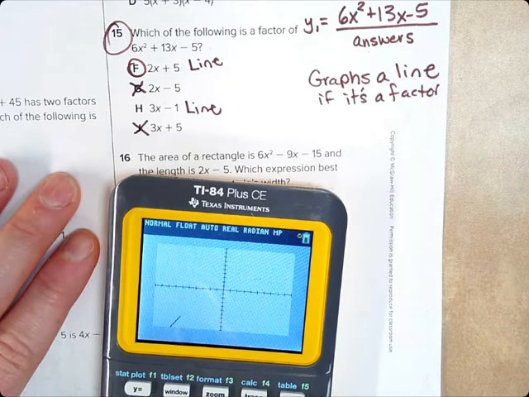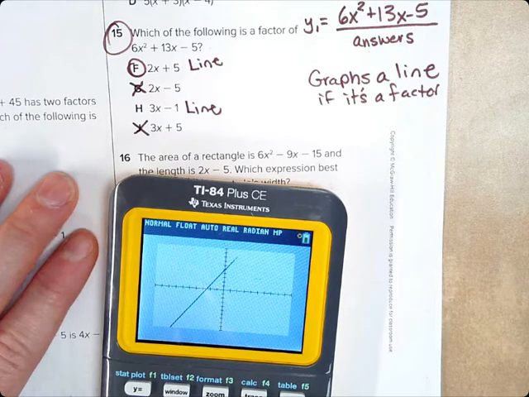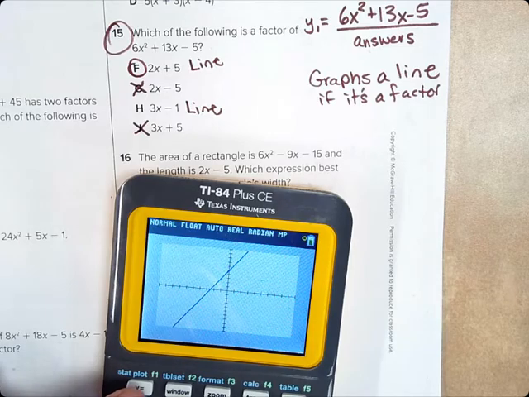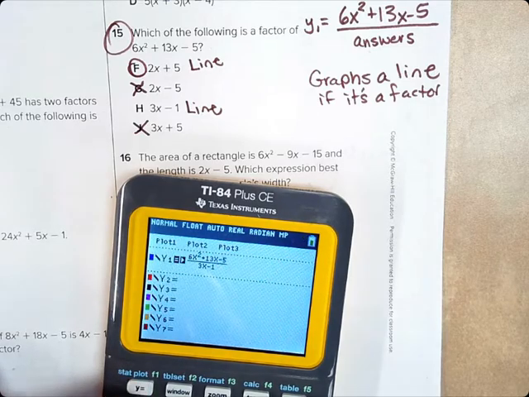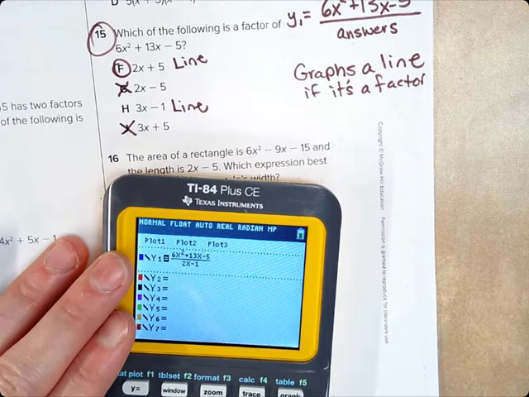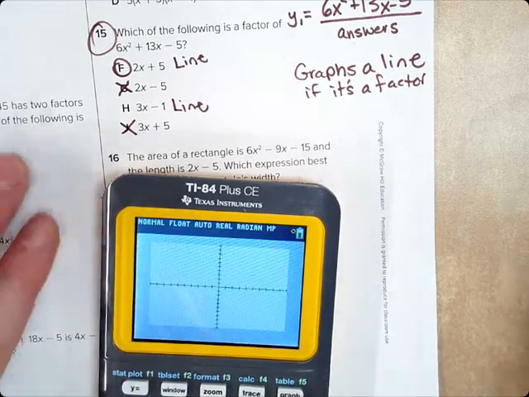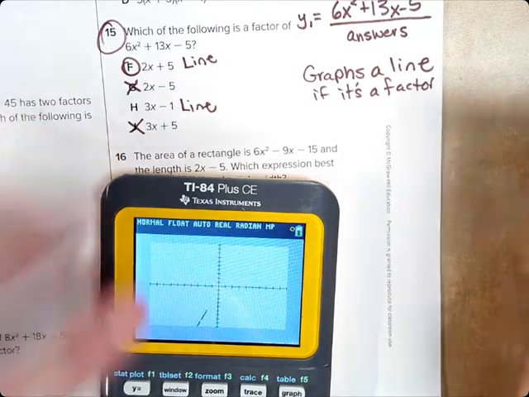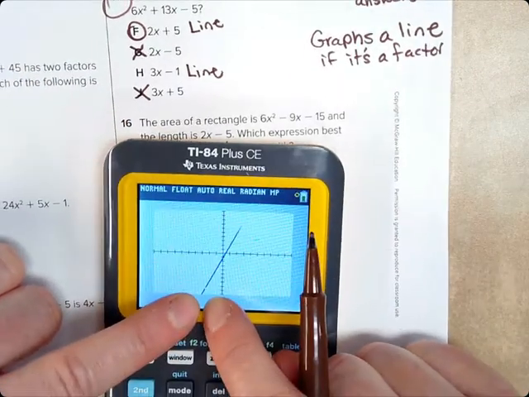Did yours come out as a line? On the 2x plus 5, there's a regular line. Okay, so 2x plus 5. There is that little break right there.